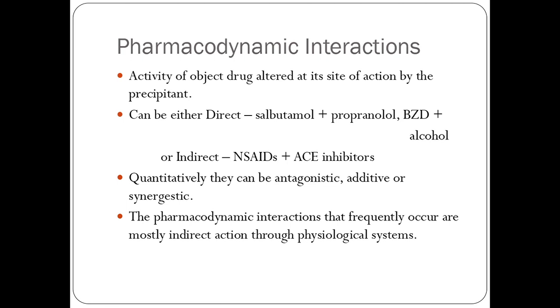Quantitatively, they can be antagonistic, additive, or synergistic. The pharmacodynamic interactions that frequently occur are mostly indirect action through physiological systems. You can go through the book and literature to learn more about them.